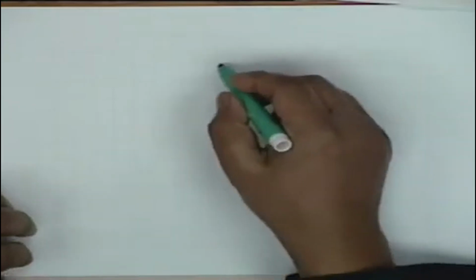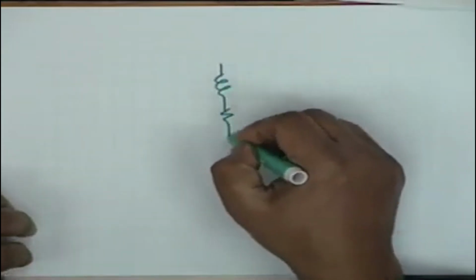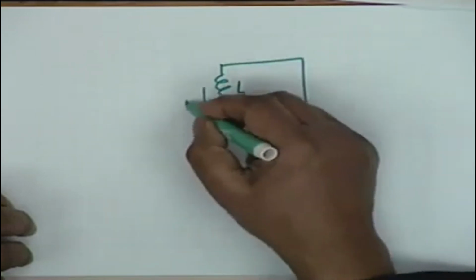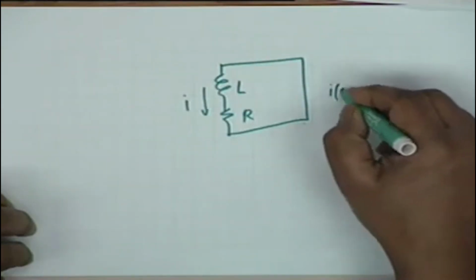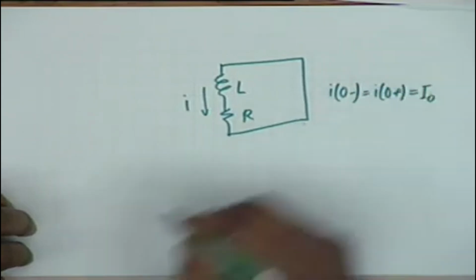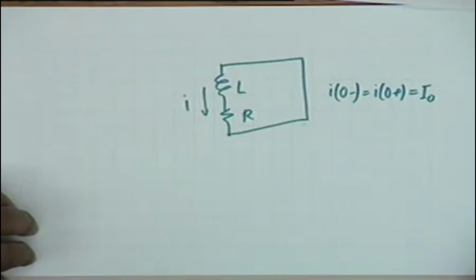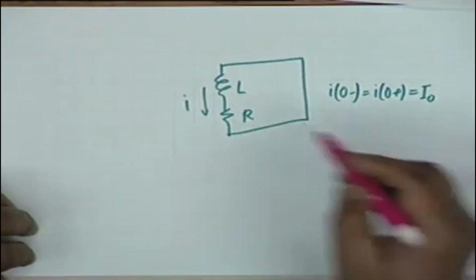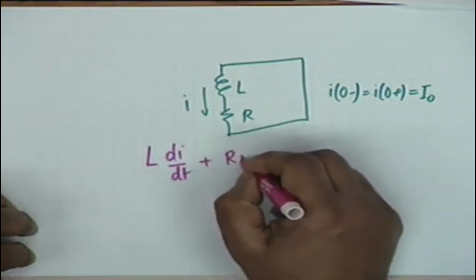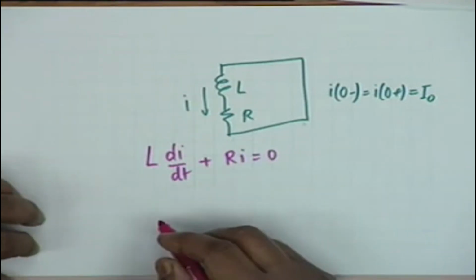In an exactly similar manner, we can take care of the inductance resistance circuit, LR, which is short circuited with the current I here, I of 0 minus equal to I of 0 plus equal to, let us say, I0. And the differential equation satisfied by the circuit is L di/dt plus Ri equal to 0.